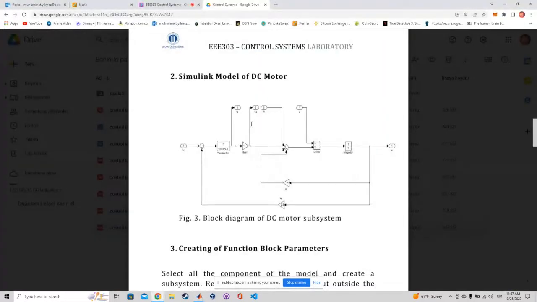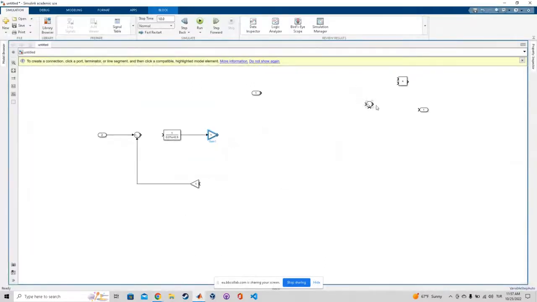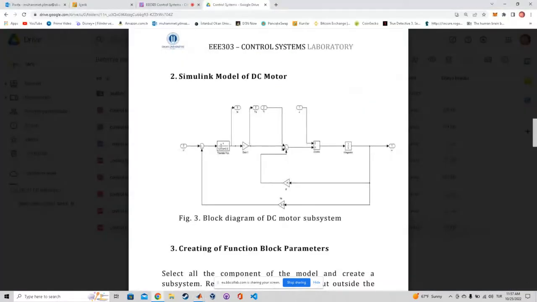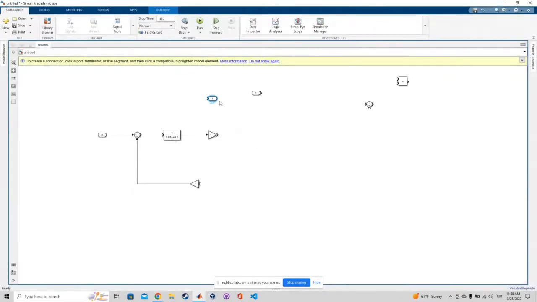And then we have LA. LA, our armature resistance. It's going to input, output. You see, you get from all your output transfer function, this is your armature resistance. We just connect it to the LA, right? We can change the name also here. You just double click there and you change it to LA.